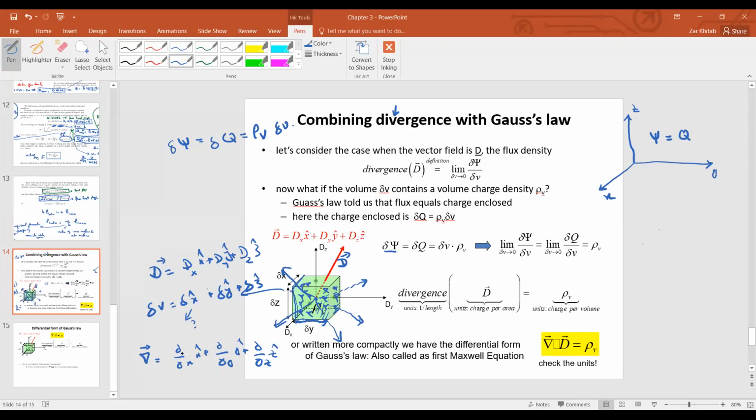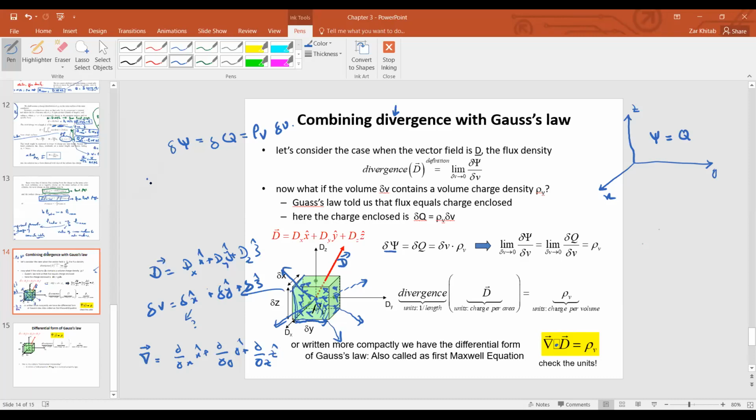So this is the divergence. When you combine the divergence with the Gauss law, you end up with something new. Any question here?